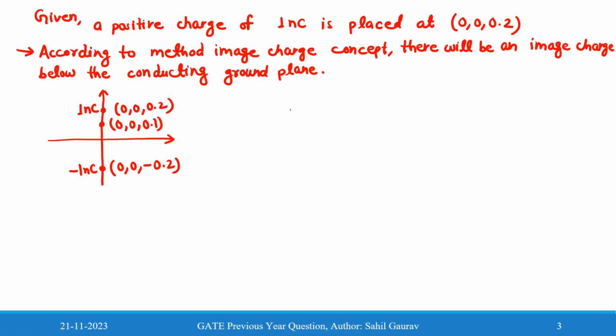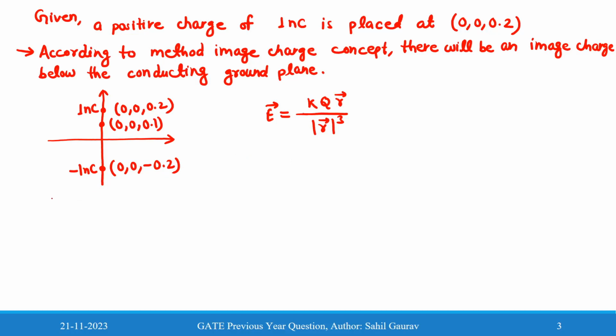So we have already seen how to find the electric field. The expression is K into Q r vector divided by magnitude of r vector to the power 3.